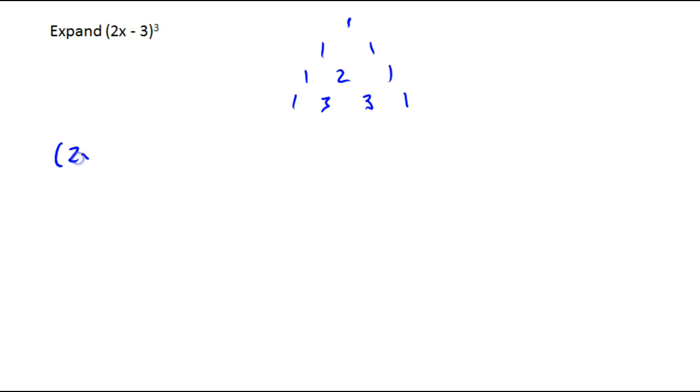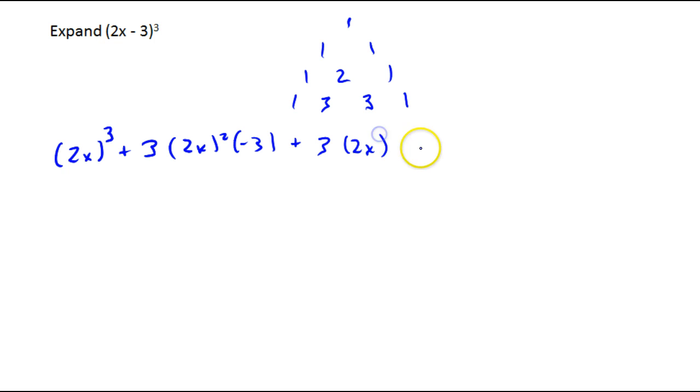So we're going to have 1 times 2x cubed plus 3 times 2x squared, negative 3 to the first, plus 3 times 2x to the first, negative 3 squared, and then finally negative 3 cubed.